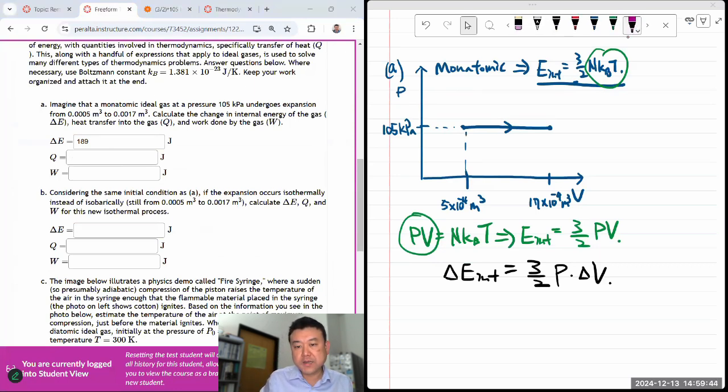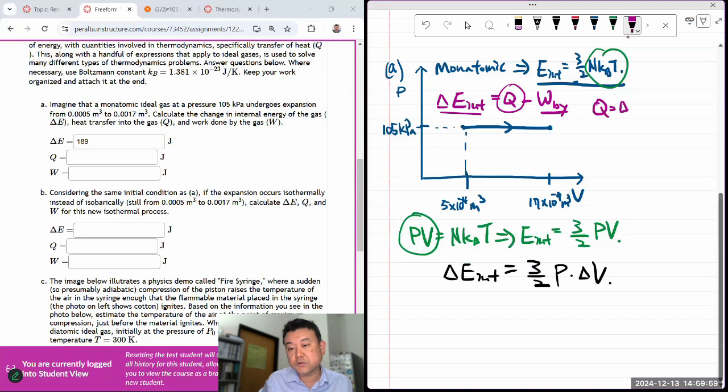Now Q, I can't quite calculate it directly. Really, for this process, referring to the first law, easiest thing to do is find internal energy change, work done, and from that calculate Q. I can say Q is equal to change of internal energy plus the work done by the gas. So let's calculate the work done by the gas. That's pretty easy in this case. It's basically area of this rectangle.